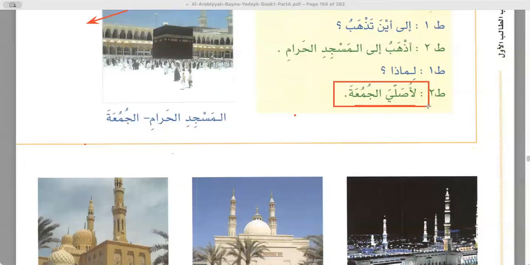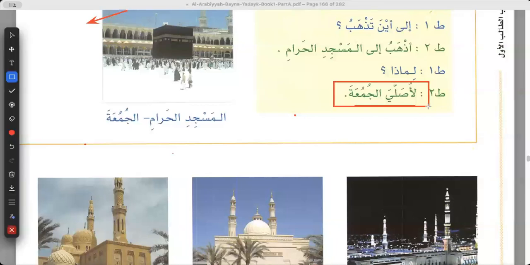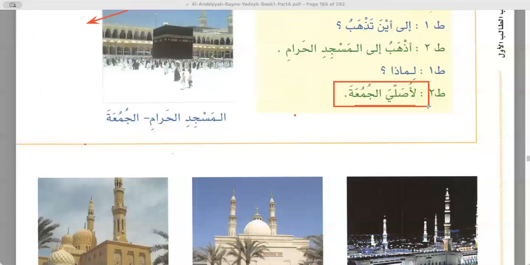Some of the exemptions: all the letters from the lips come with dhamma, like wow especially. If the sukun is coming from wow, it will change to dhamma. That will not be kasra.